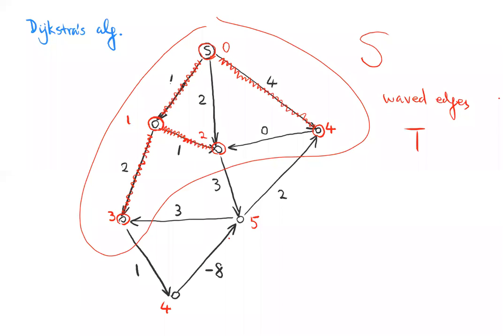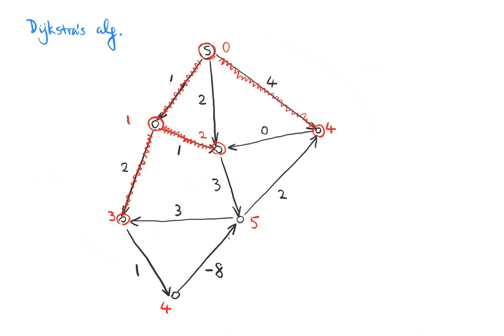Okay, so let's take a look. So far so good. What we need is, for every vertex inside S, the distance computed. Last time I mentioned, we just use dv as shorthand for d(s,v).